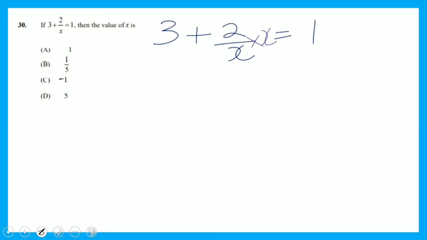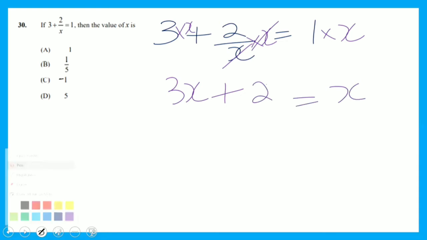If you do that to one term in the equation, you have to do it to the entire equation. So you're going to multiply every single term by x. So now we have 3 times x gives us 3x, plus x cancels x, or x into x goes one time, so we only have 2 here, equals 1 times x, which gives us x.